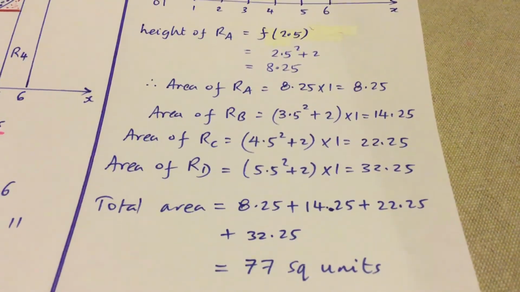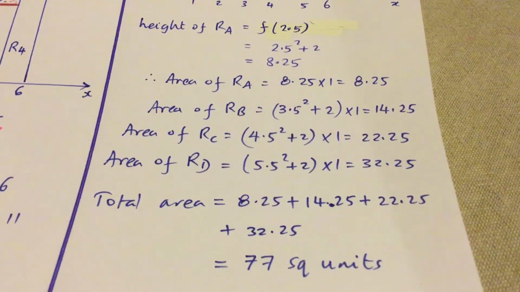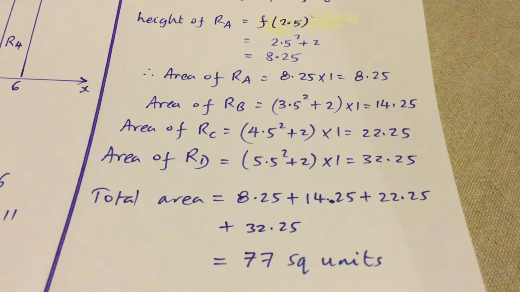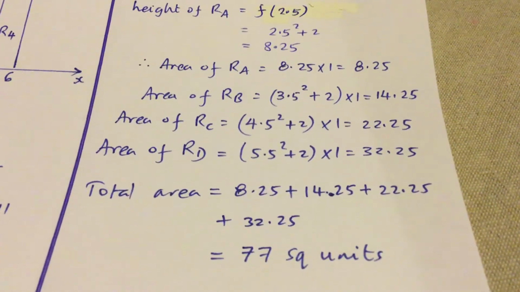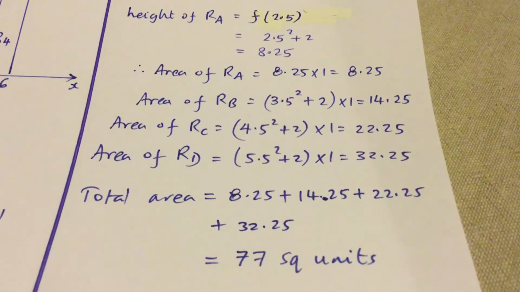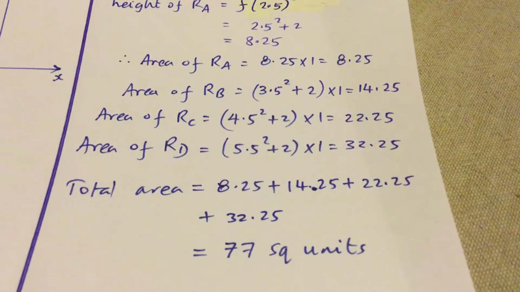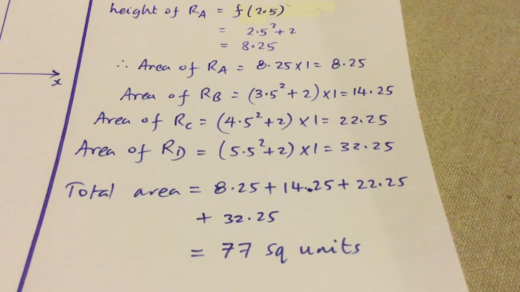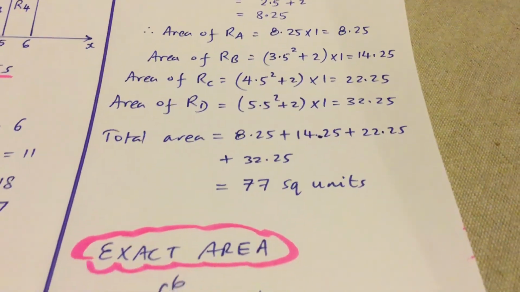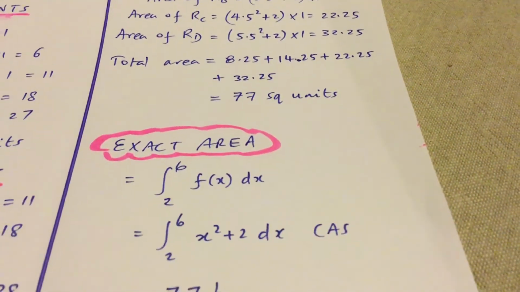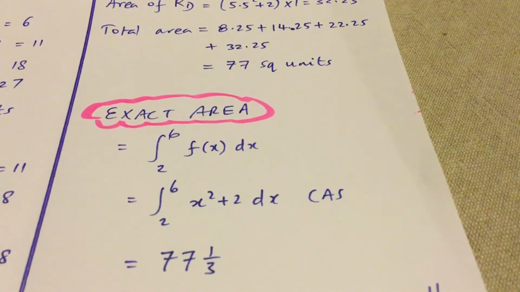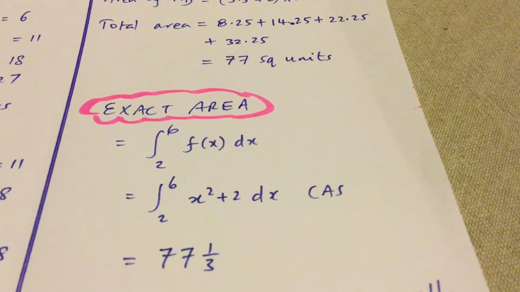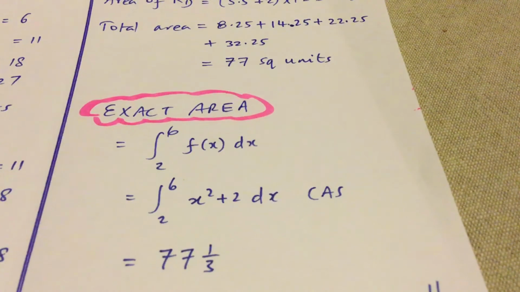Now, which one is a better approximation? Is it using the left and right endpoints or using the midpoint method? To do that, we're going to find the exact area under the curve between 2 and 6, which we're going to do in our next lesson. That's called the definite integral. So you antidifferentiate f(x) between 2 and 6 in your ClassPad calculator, and that will give us an answer of 77 and a third.